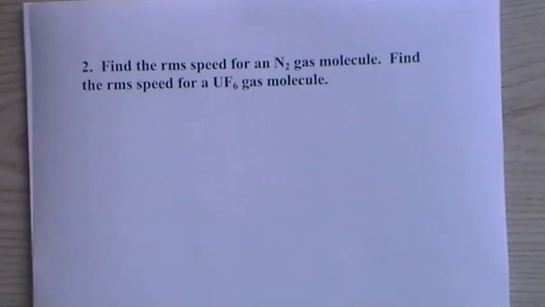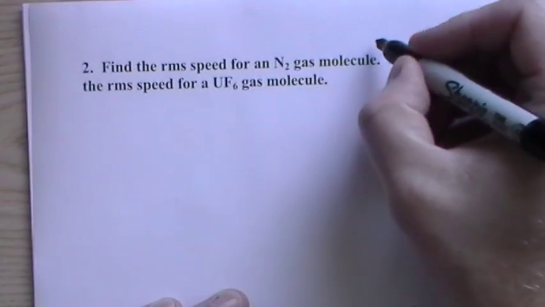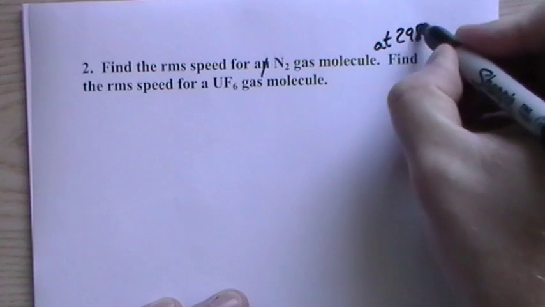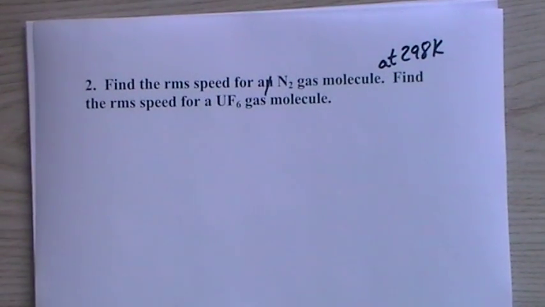Find the RMS speed for a nitrogen molecule. I think I changed what I had there. We have to have a temperature. I didn't put it in here, but we'll say 298. Same for the uranium hexafluoride.